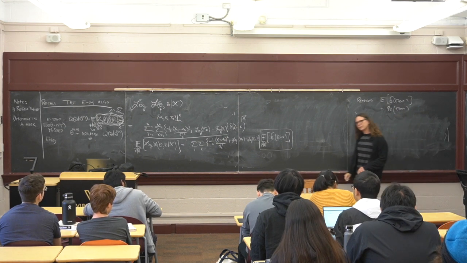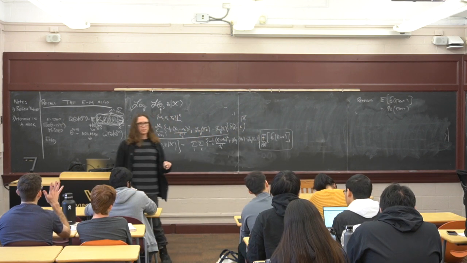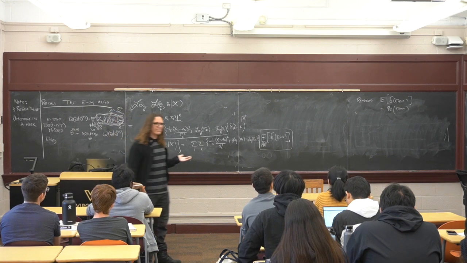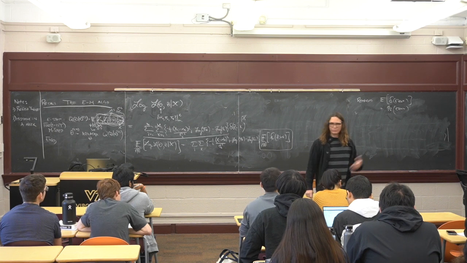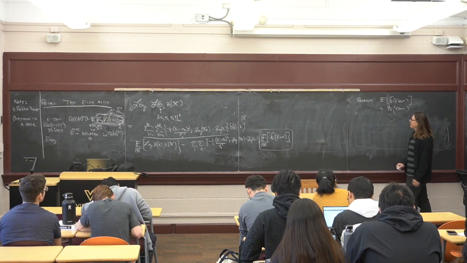Somebody explain that to me. It's like a Bernoulli. What's the expectation of a Bernoulli? It's the probability of that event. So this is a Bernoulli sort of thing.